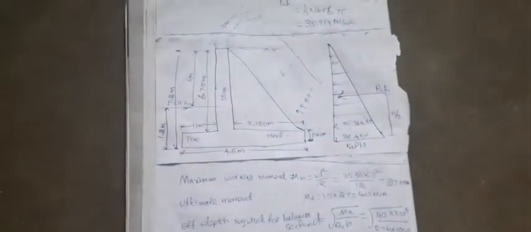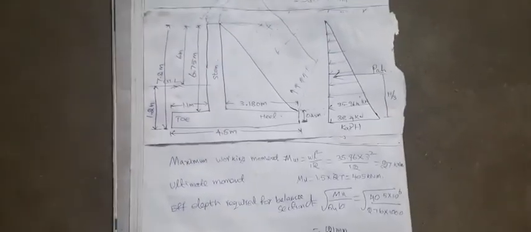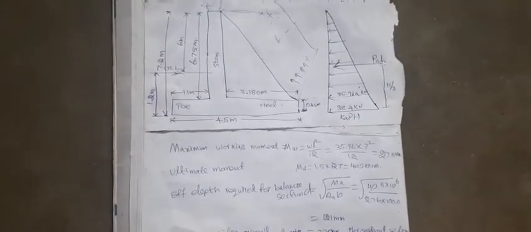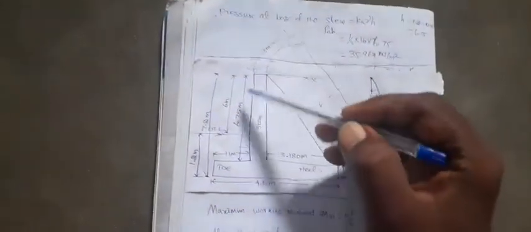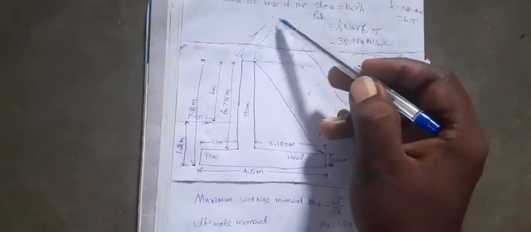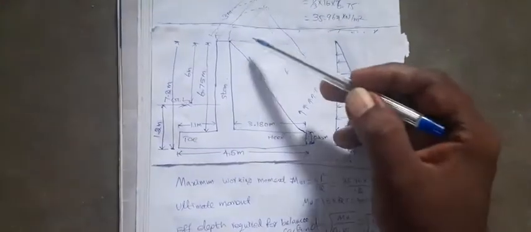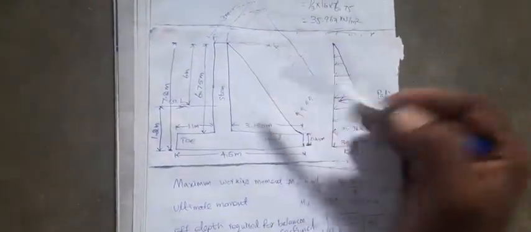That's why we choose this formula, because Ka gamma h cube divided by 6 we use only for a cantilever retaining wall. This is very simple, nothing but using a slab formula. Using it like a slab, it is 3 meter, so it is just a slab.